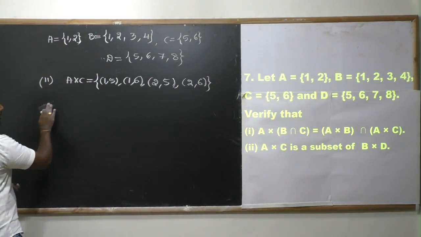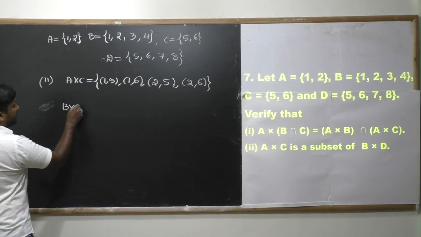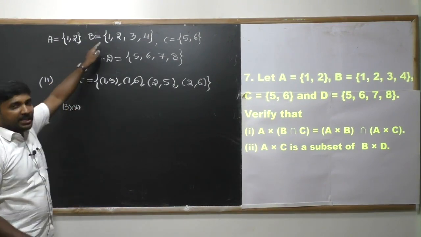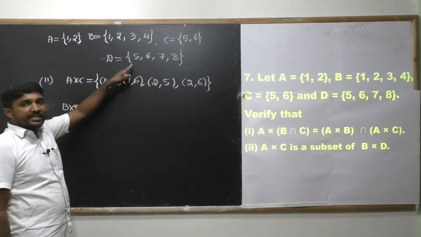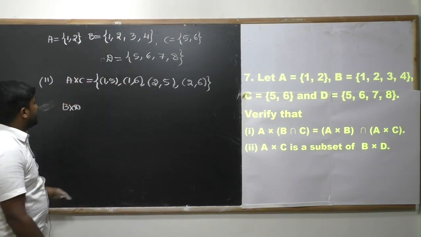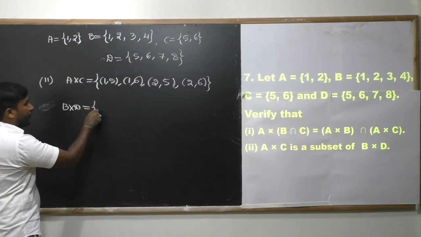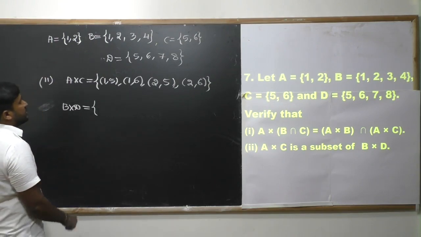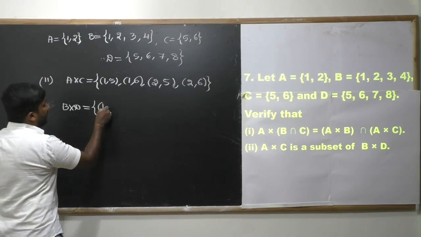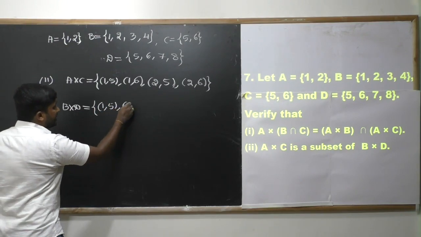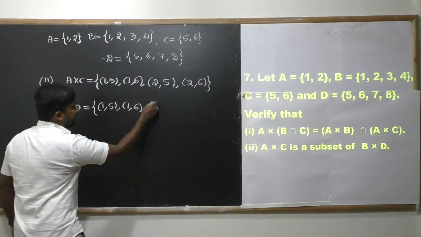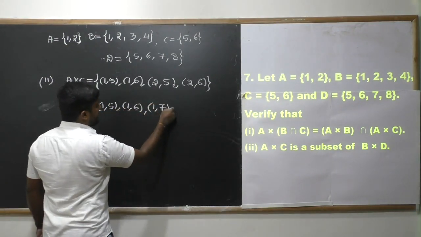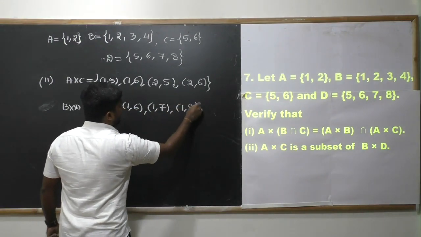And what is B cross D? How many ordered pairs should be there in B cross D? B contains 4 elements, D contains 4 elements. So B cross D must contain 4 into 4, 16 elements. Okay, now I write down B cross D. The set with ordered pairs (1,5), (1,6), next (1,7), (1,8).